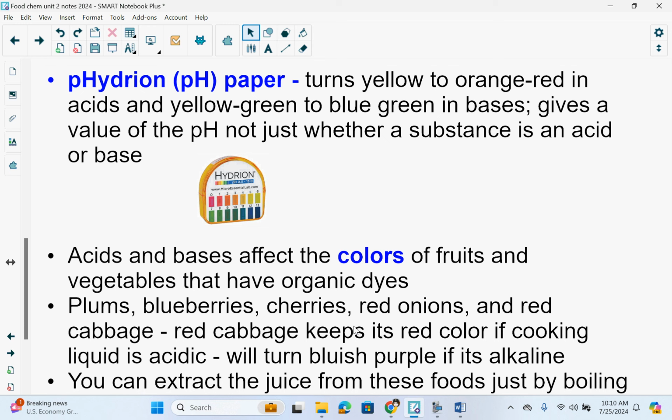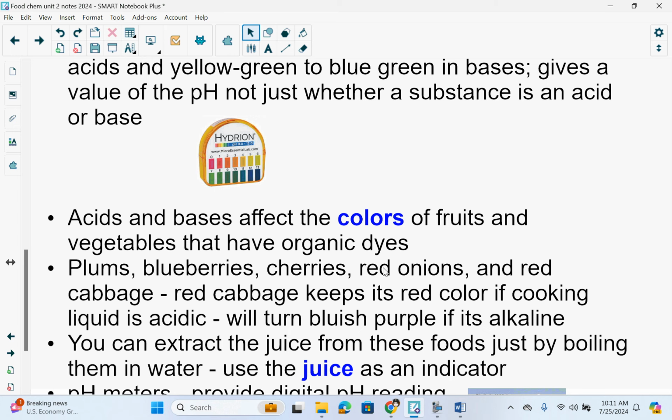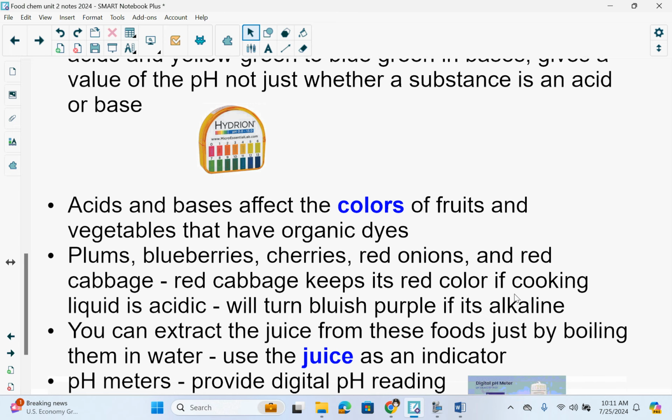Acids and bases affect the colors of fruits and vegetables that have organic dyes. Plums, blueberries, cherries, red onions, and red cabbage. Red cabbage keeps its red color if the cooking liquid is acidic. It'll turn bluish if it's alkaline. So will some of these others, but red cabbage is pretty common to show this.